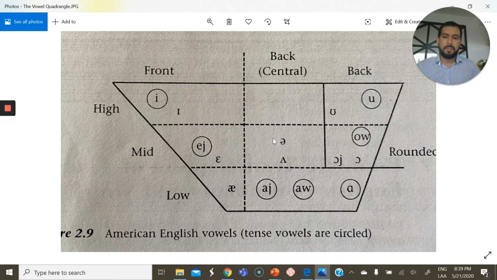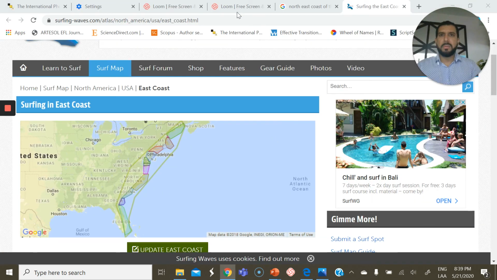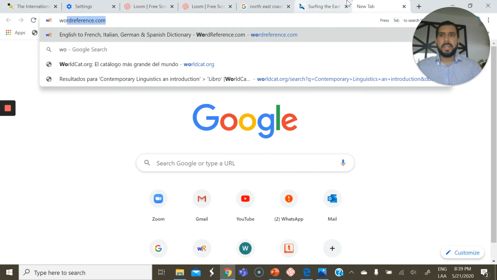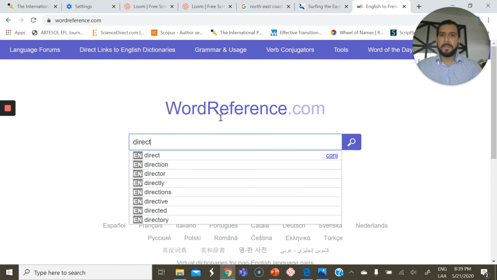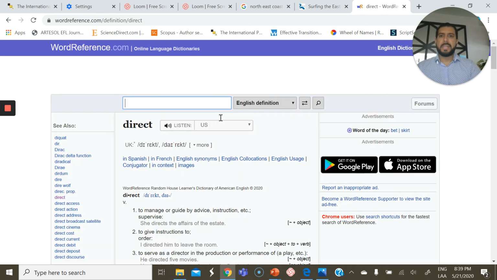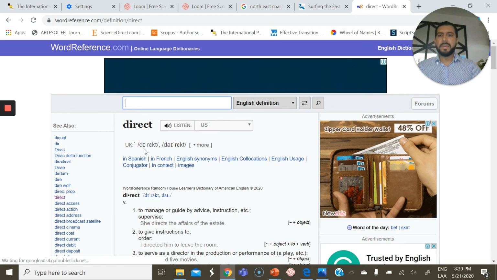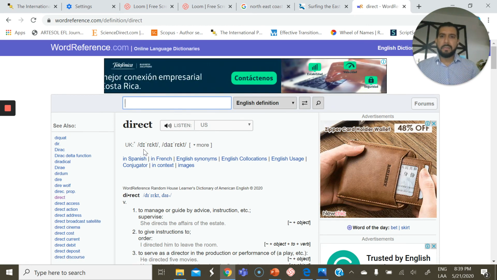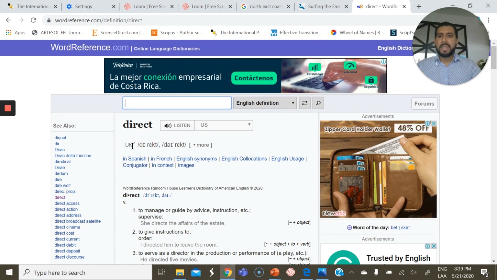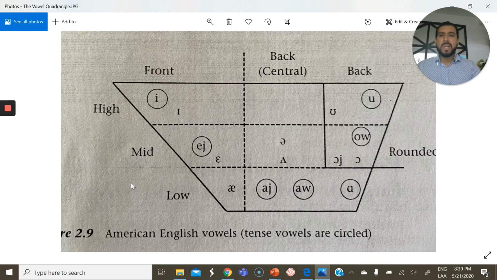If you look it up in a dictionary, you will find that it is transcribed with a lax I at the beginning. I'm going to type it here. I'm going to say direct. So there is a lax I here, as you can see, direct. Of course, you can also say direct. But if you're saying direct and you're speaking really fast, you might end up using a schwa here.